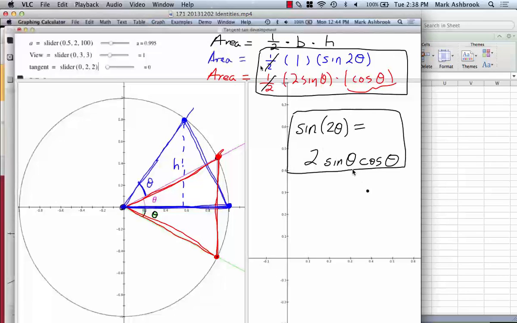Did you catch it? Did you see what happened? So we set up these two triangles that are really the same triangle, but oriented differently. And then from the blue one, we got sine 2 theta, and from the red one, we got 2 sine theta cosine theta. So that's an identity. That's true for all angles theta.